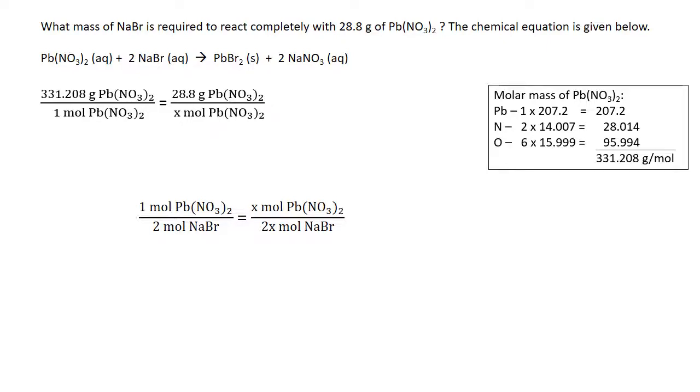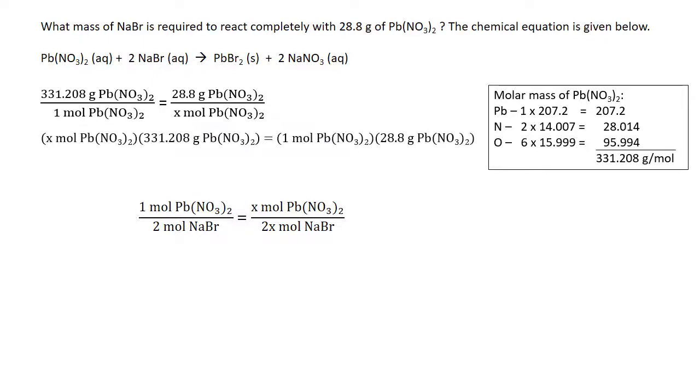On the left side, we'll have X times our 331.208. And on the right side, we'll have 1 times the 28.8. To solve for X, we divide both sides by 331.208. When we do that, we obtain X, and X equals 0.08695 moles.